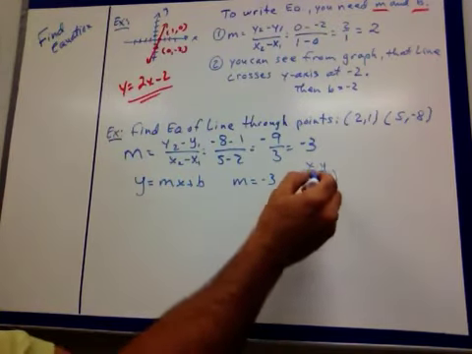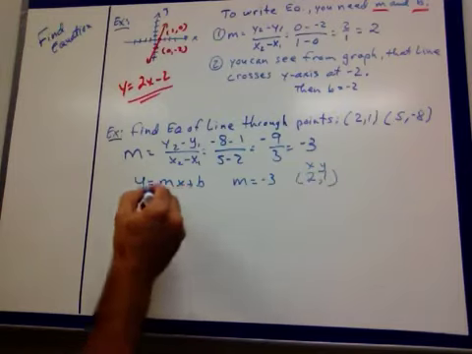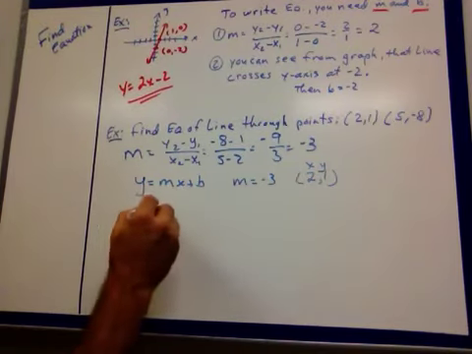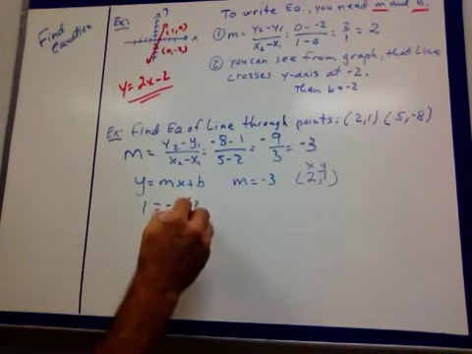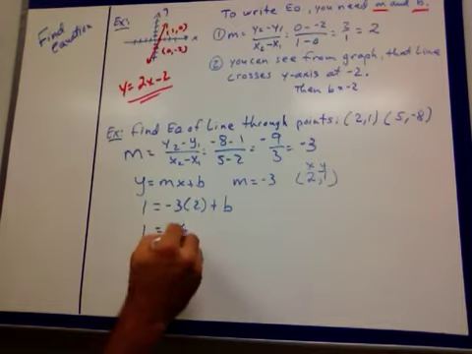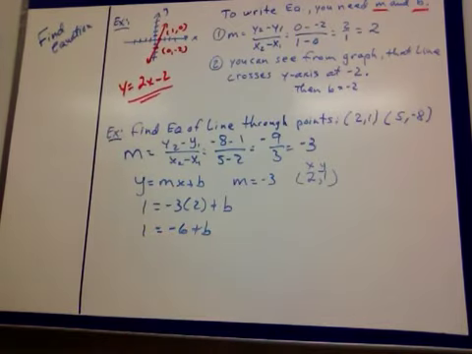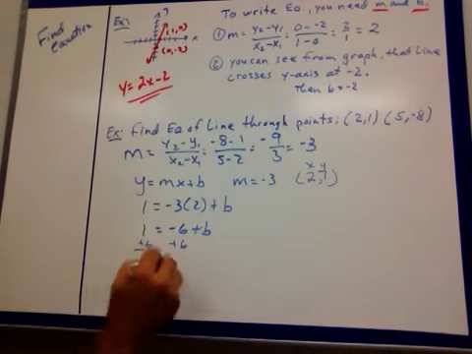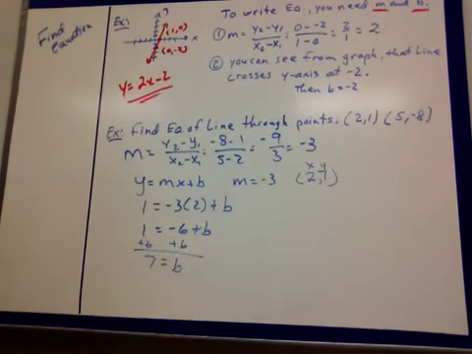So I'm going to plug in my y, my x, and my m into here, and I'm going to solve for b. You'll see that it's the last thing standing. So 1 = -3 times 2 plus b. And just like solving the equations that we did for a long time, the first couple of months, add 6 to both sides, and 7 is equal to your b.